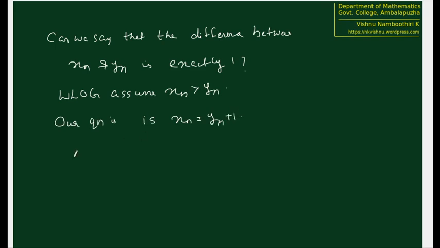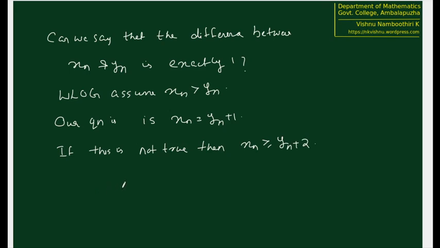Suppose this is not true, that is, xn equal to yn plus 1 is not true, but we know that xn is greater than yn. Therefore xn not equal to yn plus 1 means xn is more than yn plus 1, or xn is yn plus 2, yn plus 3, yn plus 4, etc. If this is not true, then xn is greater than or equal to yn plus 2.